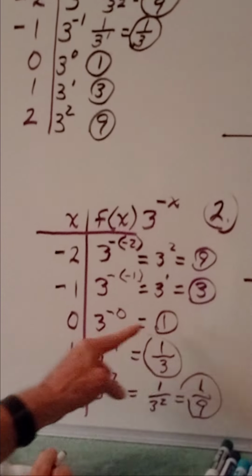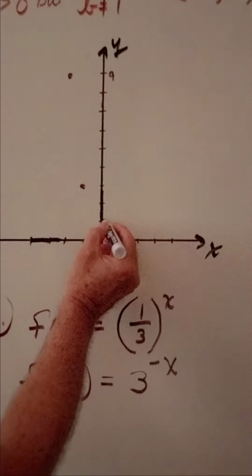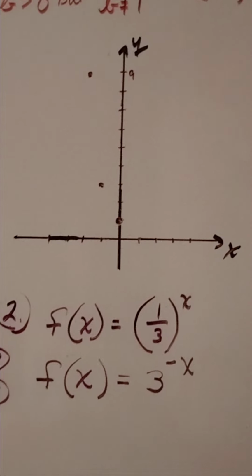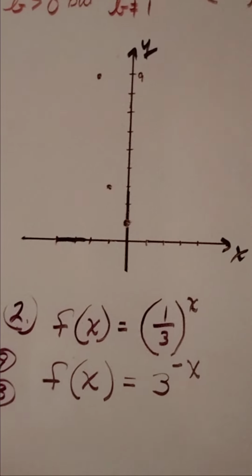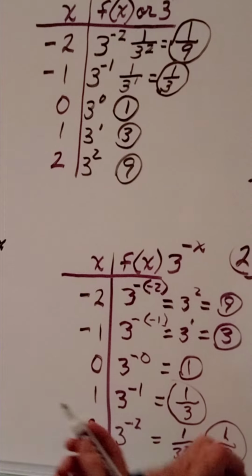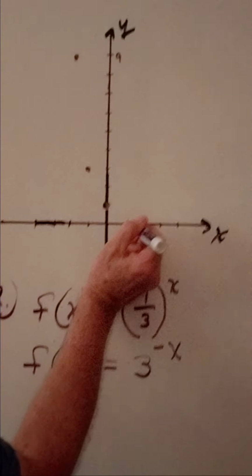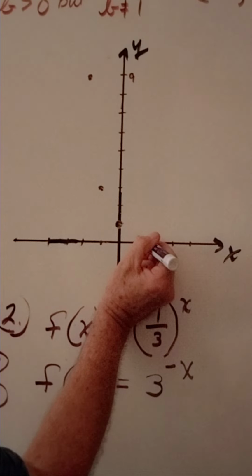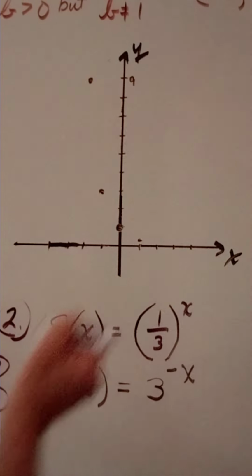If x is 0, y is 1. You can already see how the movement of that curve is going to go. If x is 1, the value of y is 1/3. We'll go up about 1/3 of the way up in that little increment right there. That's close enough.